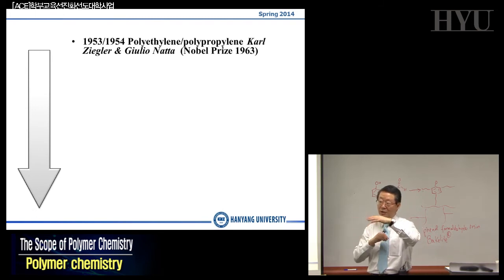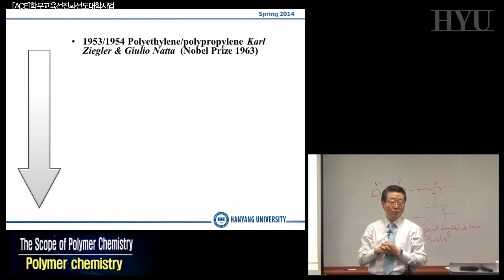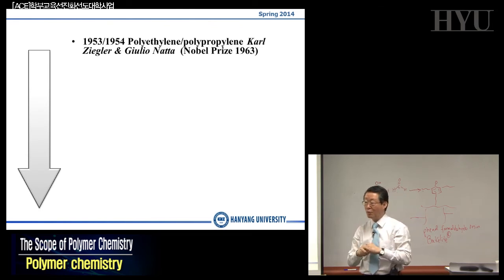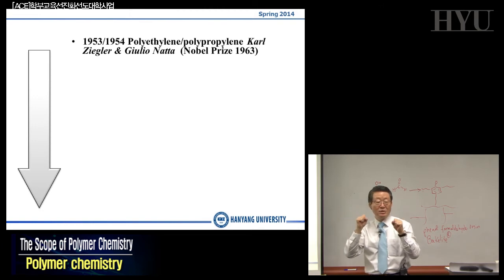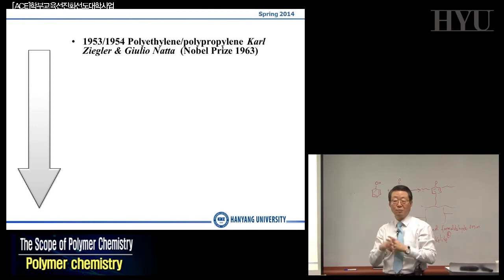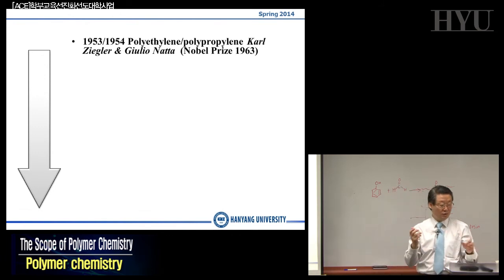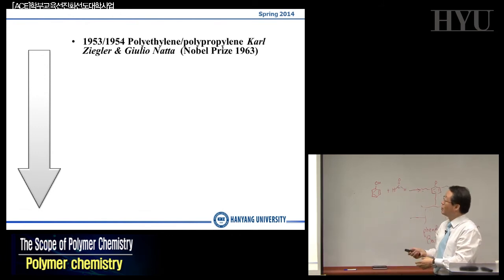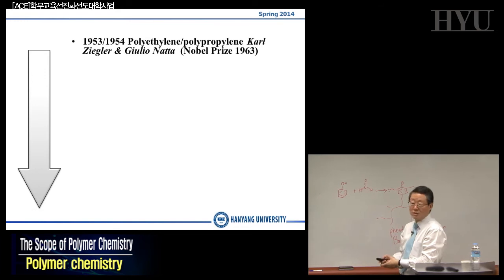Once you make a linear polymer, the crystallinity increases so that the density of your polymer is pretty high. That's what we call high-density polyethylene. Or in the case of polypropylene, you can rearrange them into syndiotactic or isotactic polypropylenes. Because of this invention, you changed your life, and they won the Nobel Prize about 10 years later.